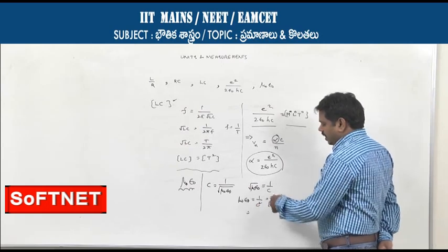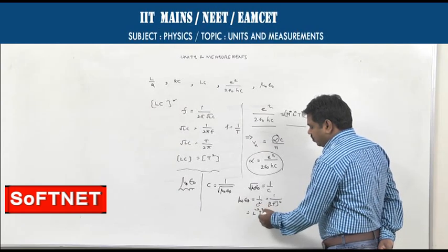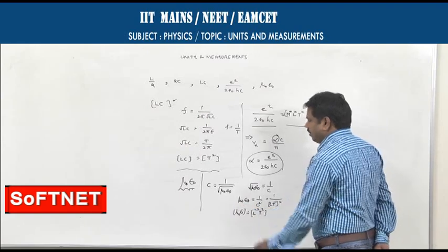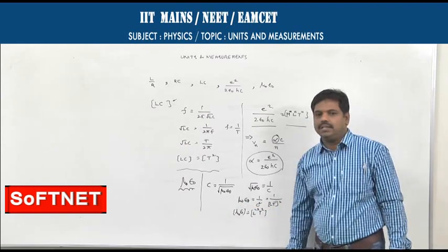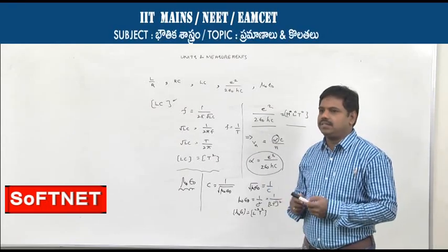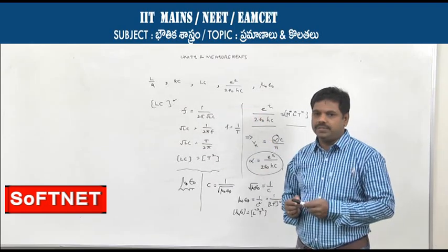Finally you will get L power minus 2 T square. It is the dimensional formula of mu naught epsilon naught. So like this we can get the dimensional formula of the various physical quantities involved in different situations.